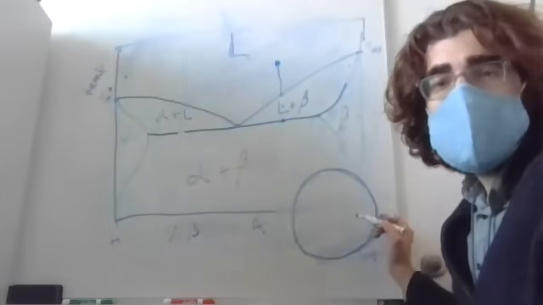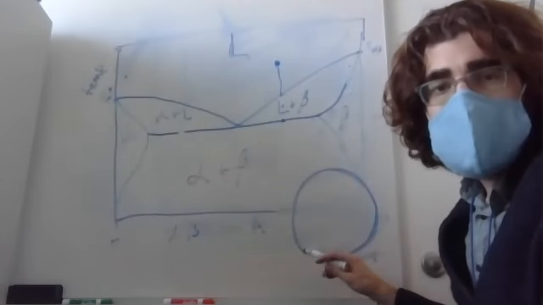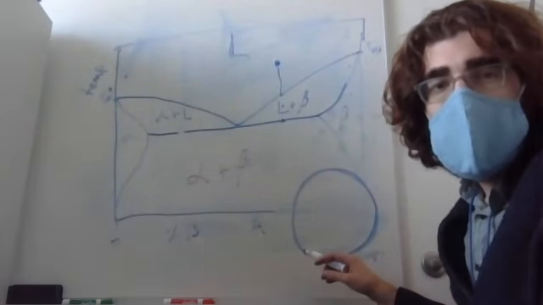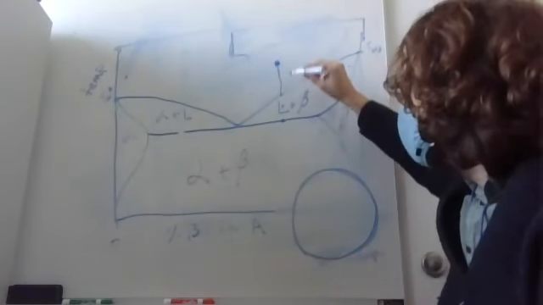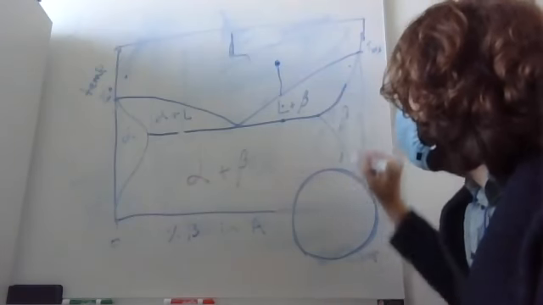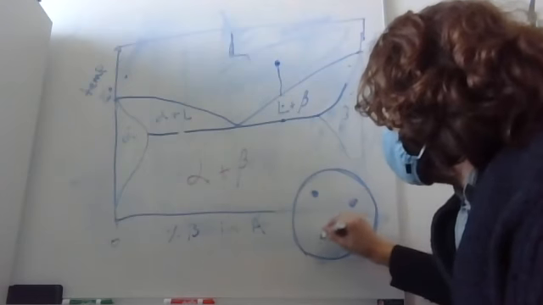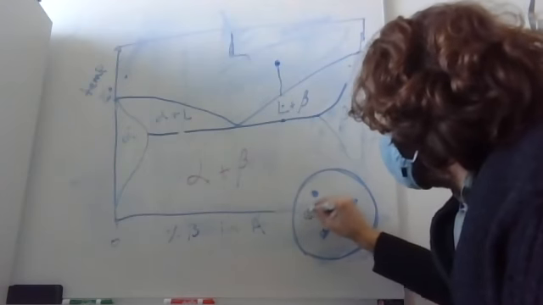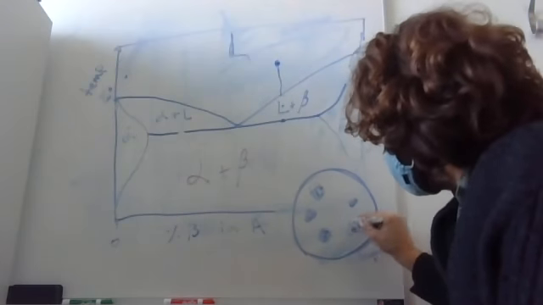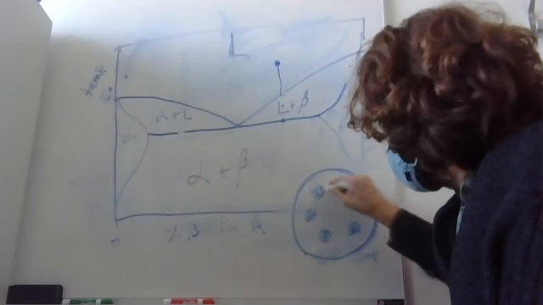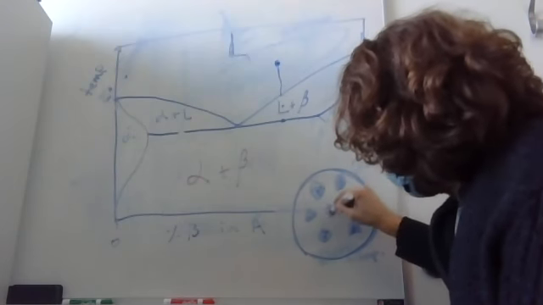So here is our cross section, right? Here is our cross section. As we begin to freeze the material, we begin to form beta crystals in the blue, and they grow in size.